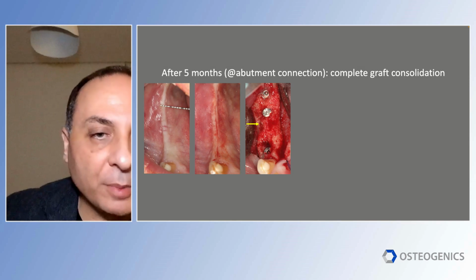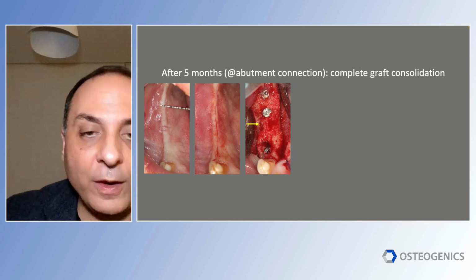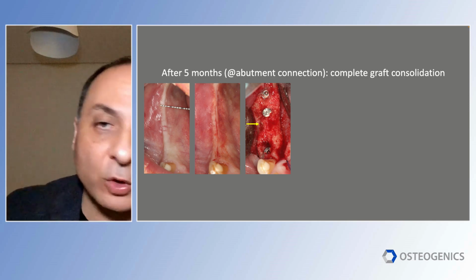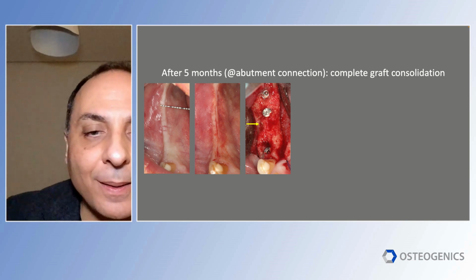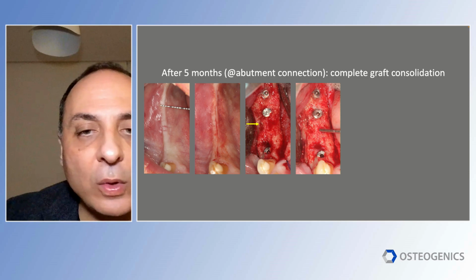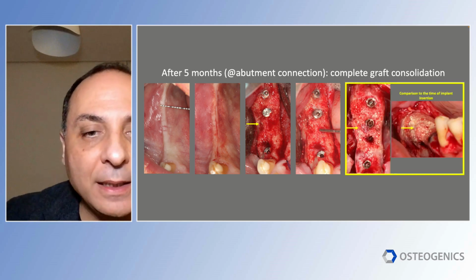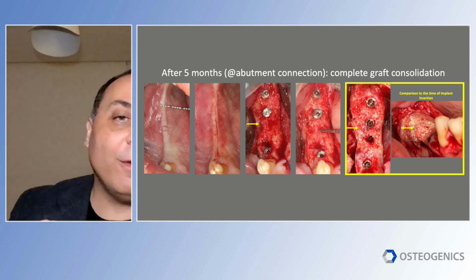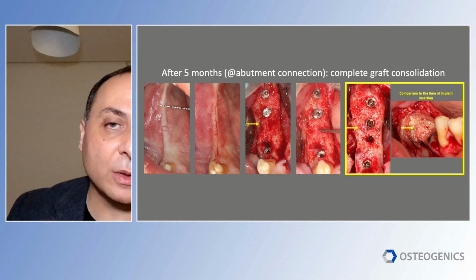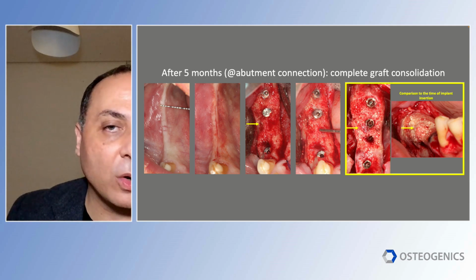That's at abutment connection. I've waited 5 months here when you have this aspect, this mobility, when you're building vertically. So we wait 4 to 5 months, and you can see in the middle how everything becomes solid. Nothing is moving anymore.